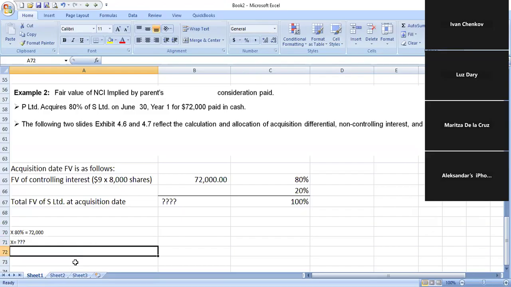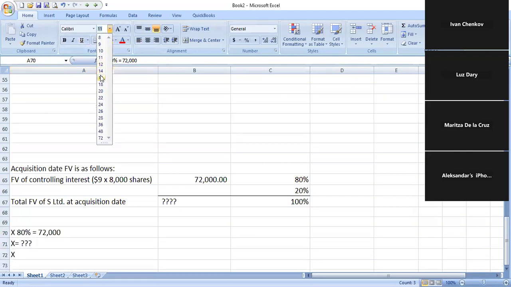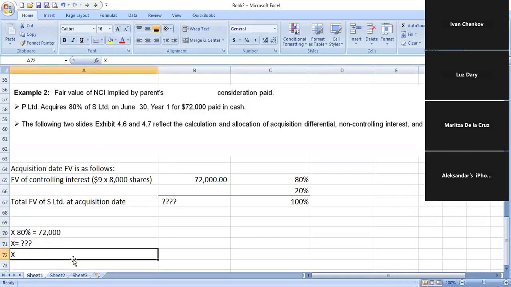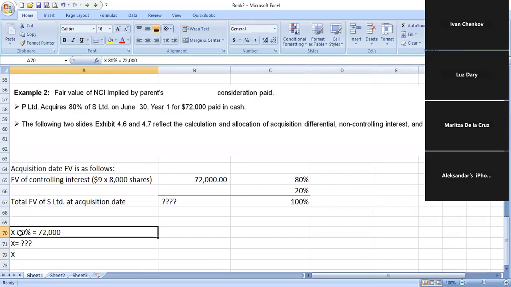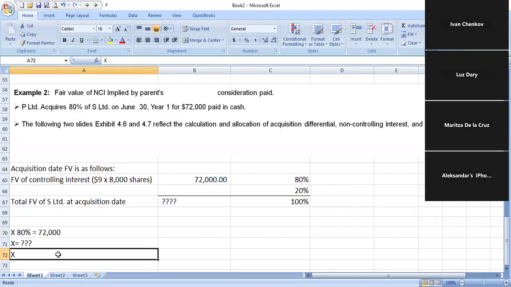So how am I going to get it? X will be equal to what? If X times 80% gives you 72, how can I find X? What do I have to do? I have to flip 80% to the other side, correct?